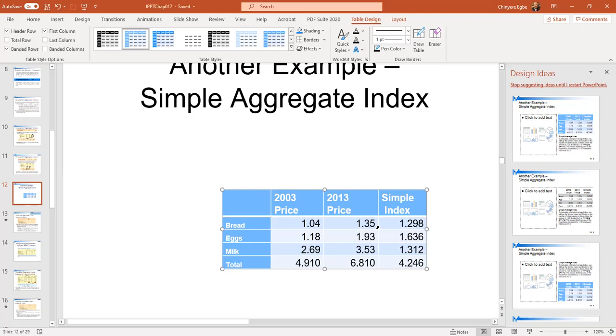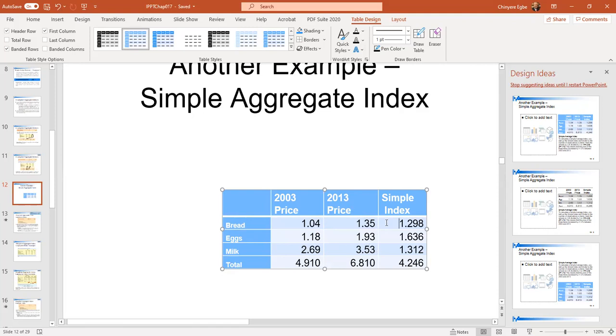Now we are not looking at quantities yet. We're just looking at basic price. We look at eggs, it's $1.18 a box, or a dozen, and in 2013 it is $1.93. And milk is $2.69 and $3.53 in 2013.